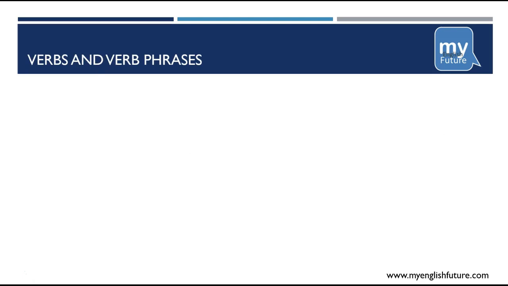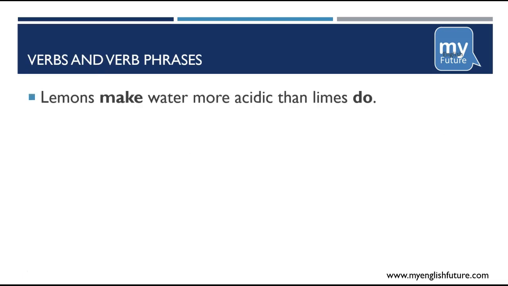Let's move on to verbs. Lemons make water more acidic than limes do. Aha! Now with verbs it gets tricky. The verb is make, but a good English speaker and writer will not repeat the word make.